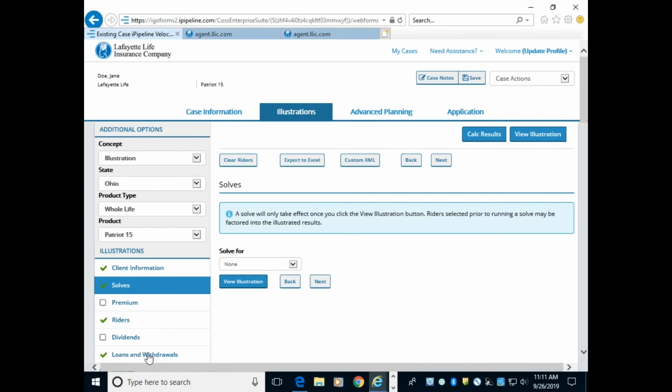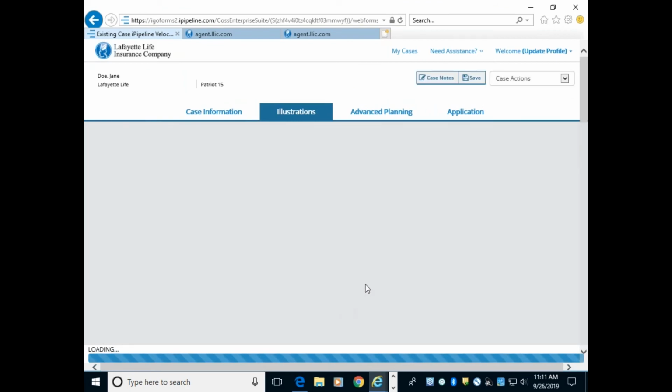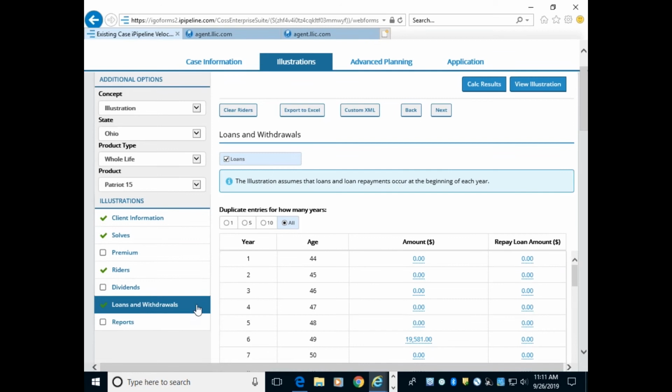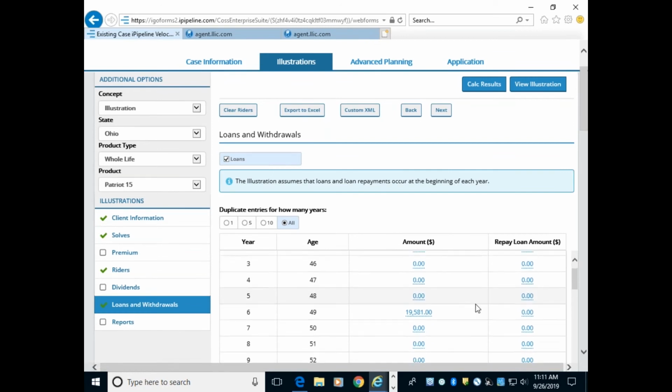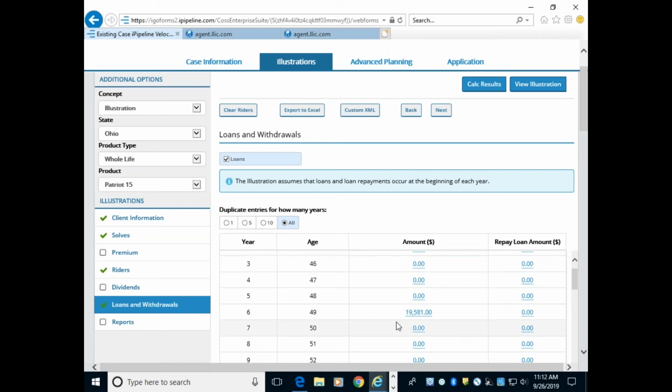So let's go to a manual loan or withdrawal solve. By going to the loans and withdrawals tab, like I said earlier, you can manually enter an amount that the client may want to take. So for instance, if you solved for the maximum amount that the client can take, and we got an amount of $19,581, what if hypothetically the client might want to take a little less or maybe a little more?